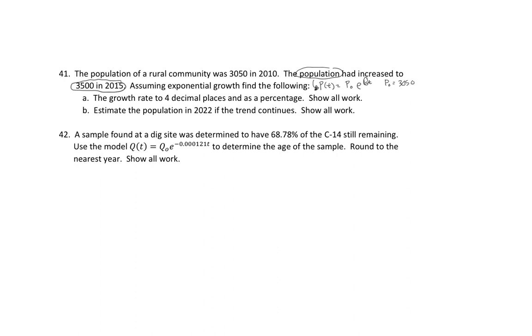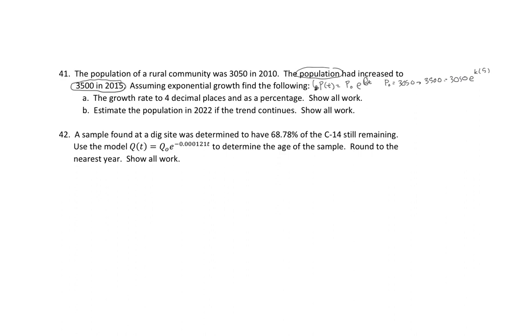So we can set up an equation: 3,500 is equal to our original amount of 3050 times e to the k. For our t, we said our starting year was 2010, and 2015 is 5 years after 2010, so our time is 5.